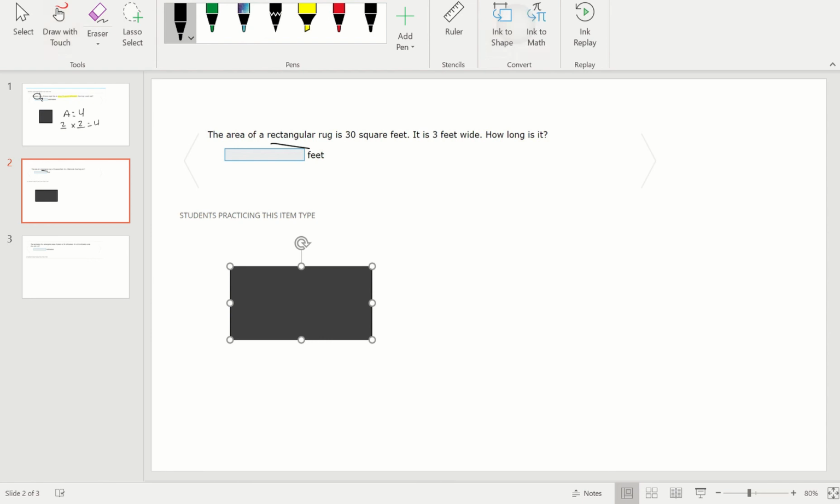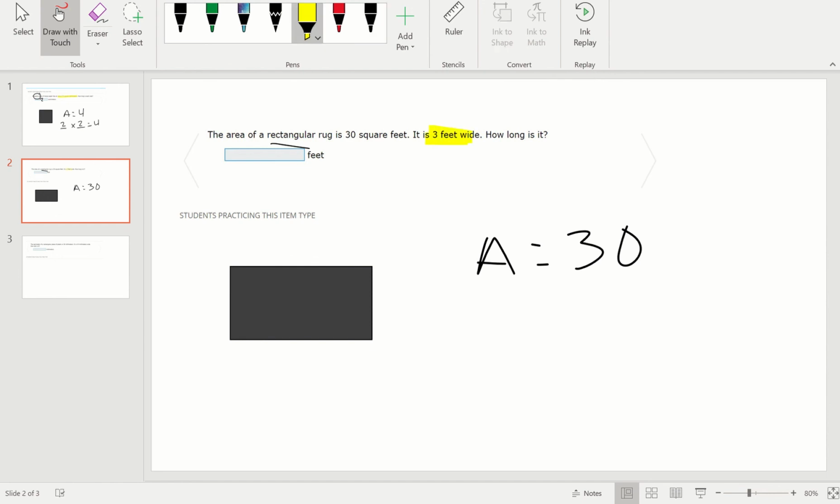If I have a rectangle here, and the area is 30 square feet, and it says right here that it is 3 feet wide, that means this is 3 feet, and this side also has to be 3 feet.